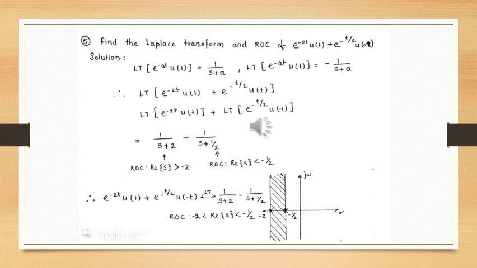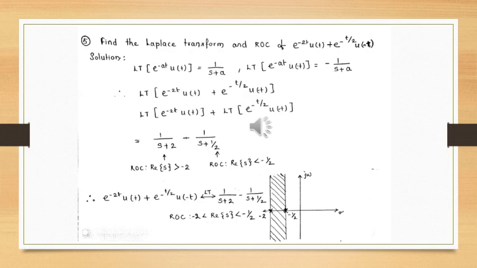So we have Laplace transform of e raised to minus 2t u of t plus e raised to minus t by 2 u of minus t. We can find the Laplace transform of the individual signals here. So we have Laplace transform of e raised to minus 2t u of t plus the Laplace transform of e raised to minus t by 2 u of minus t.